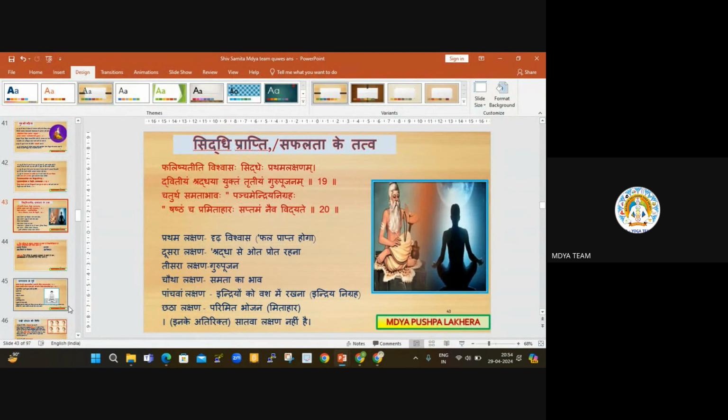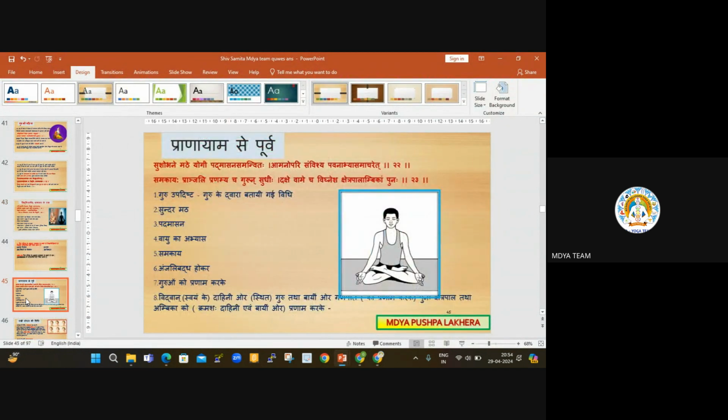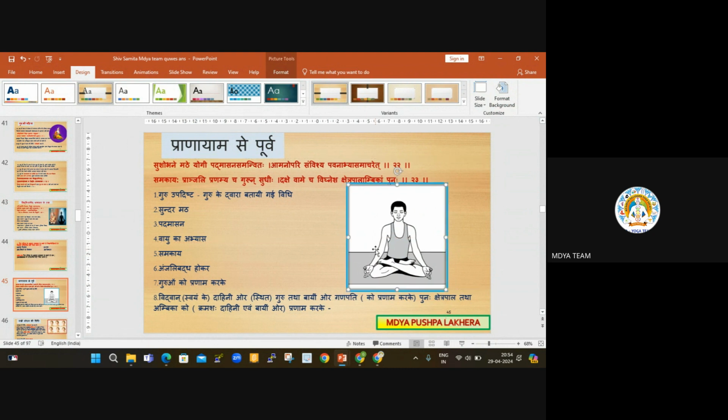But after this, I think it is written here. Okay ma'am. That is important. Here it is mentioned: first, you have to give your salutation to your guru. Then you have to give your salutation to Lord Ganesha.